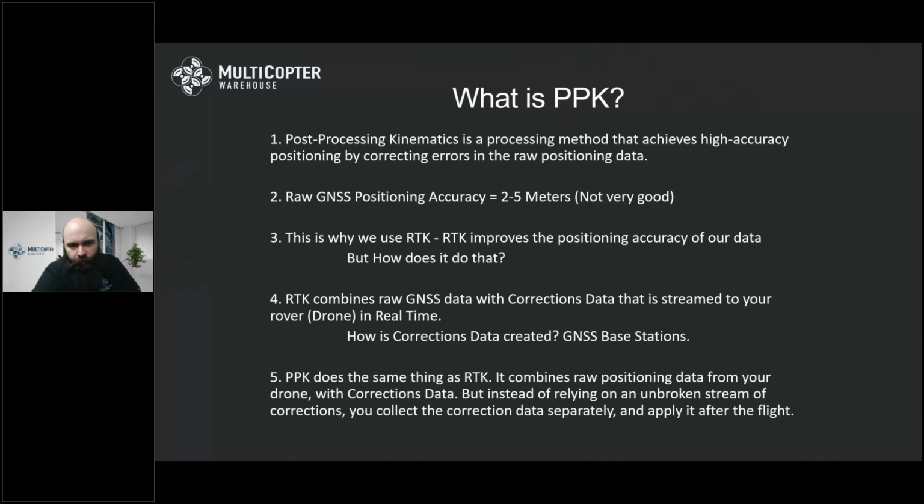And PPK basically does just the same thing, but instead of having a live connection to the internet or a live connection to your base station, if you have a DJI base station or something like an MLID, PPK is basically applying those corrections after we get back from the field and we're in the office getting ready to process everything. So RTK relies on a real-time, unbroken stream of corrections data. And in PPK, we're basically applying it afterwards.